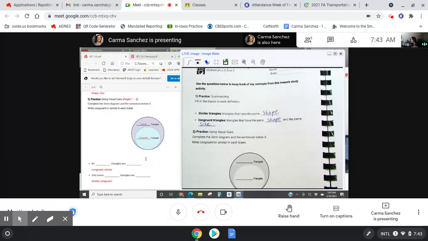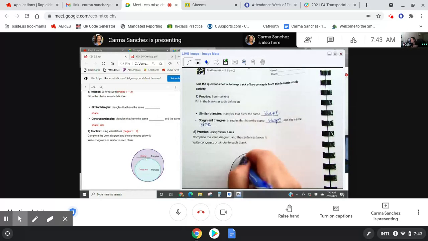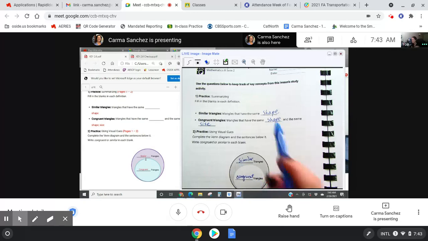So triangles that are similar have the same shape, and then some triangles have congruency, but so all triangles are similar and some triangles are congruent that have the same shape.